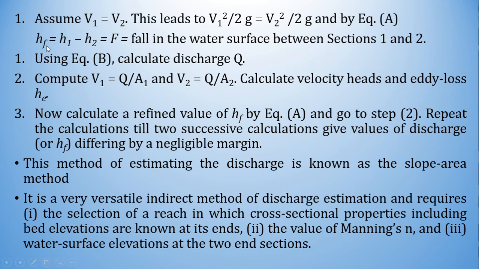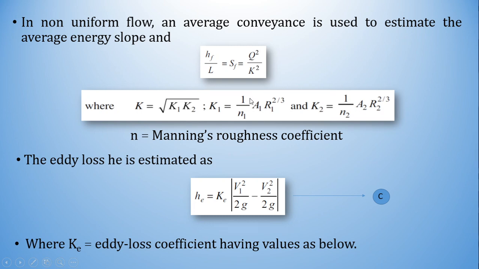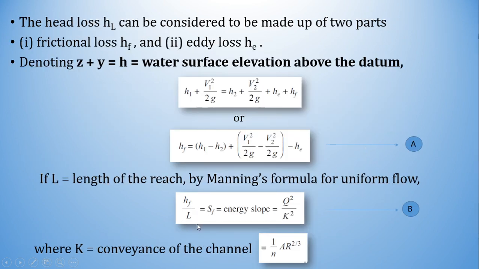By equation A, HF is equal to H1 minus H2, which is equal to F, the fall in the water surface between section 1 and 2. Using equation B, calculate discharge Q. Once you get HF, you can find the discharge by using this particular formula.